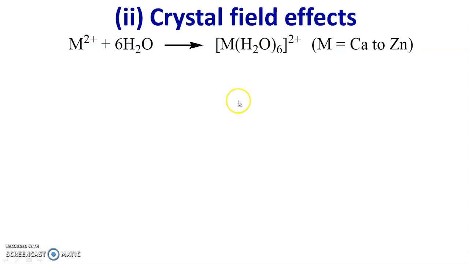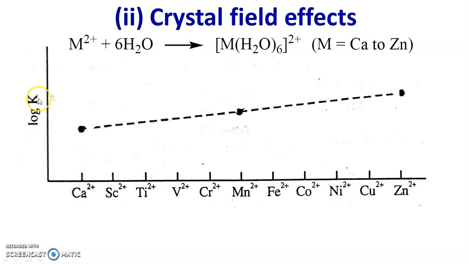Now when we plot log K versus these various metal ions, from calcium to Zn 2+, the ionic size gradually decreases, and as the size decreases, the stability of the aqua complexes of these ions, that is calcium, scandium, titanium, vanadium, chromium, manganese, ferrous, cobalt, nickel, copper, zinc, is expected to increase gradually and linearly.